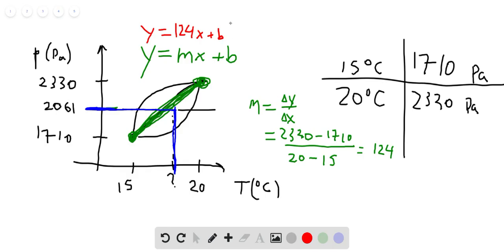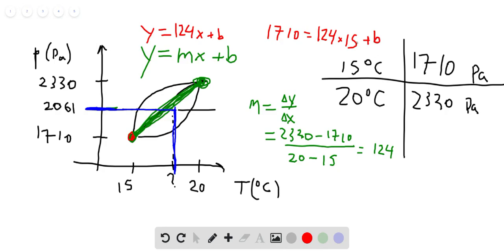And now what we can do to find b is to replace x and y by one of those 2 points. So we'll do it with this point here. 1710 equals 124 times 15. This is not an x, this is just a multiplication sign. The x has been replaced by 15 plus b.